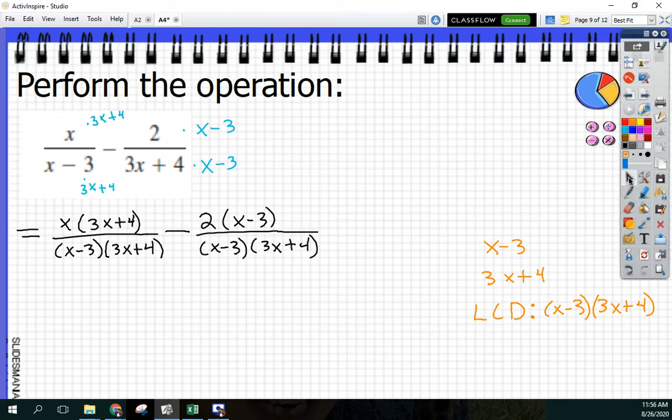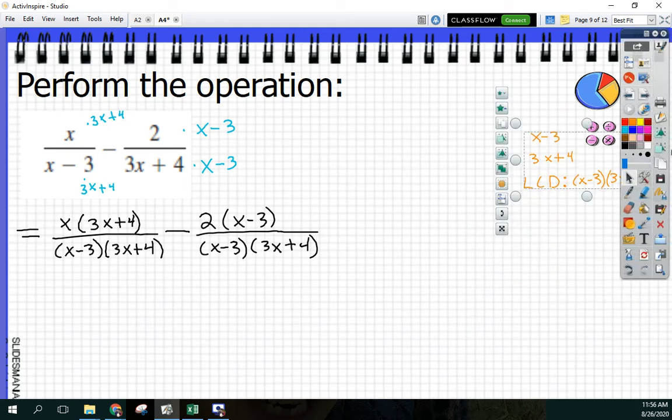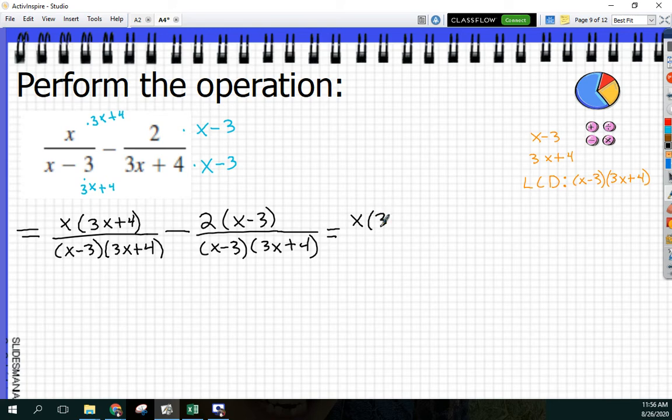So now that they have the same denominator, we can rewrite that as a single fraction. So we have x times 3x plus 4 minus 2 times x minus 3.